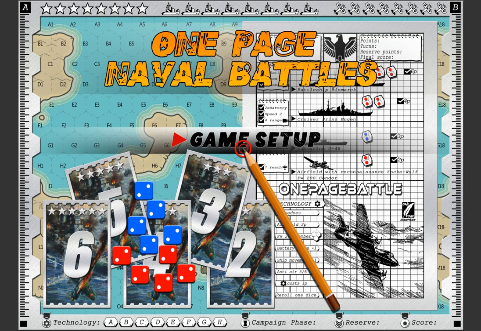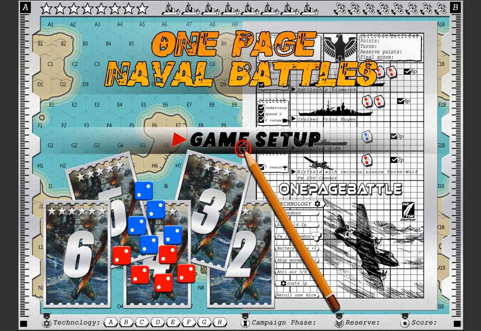These cards will be used during the gameplay of each turn, and each player will use these cards to select how many actions he would like to perform during the turn.